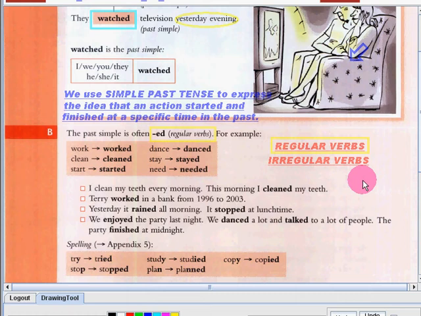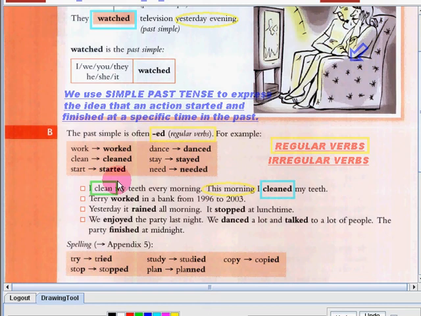Now, let's read the following sentences. I clean my teeth every morning. This morning, I cleaned my teeth. So, we have two sentences for the first example. First one, we have a present verb, the word clean.